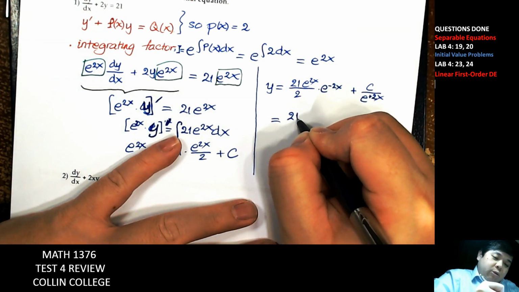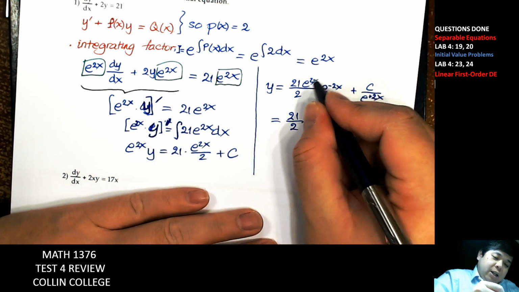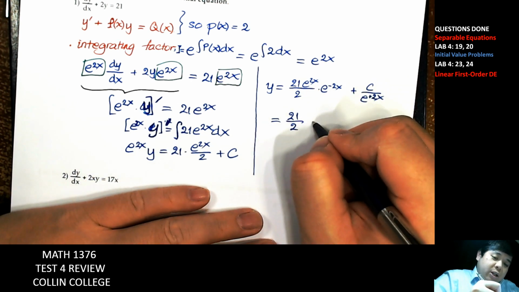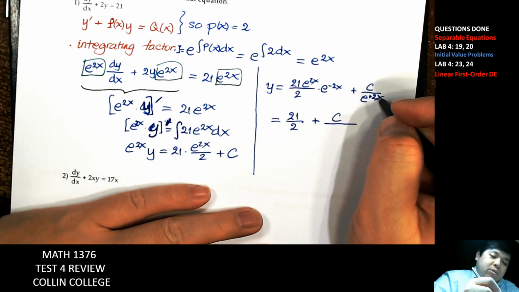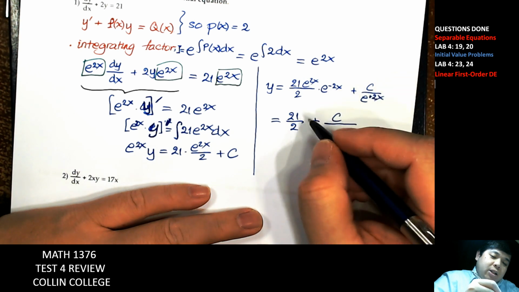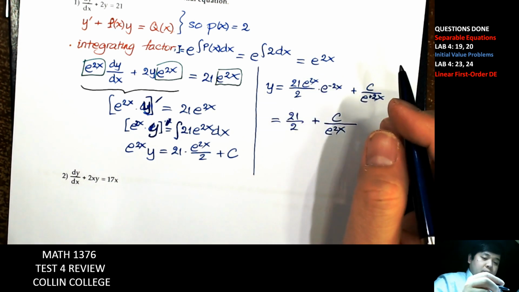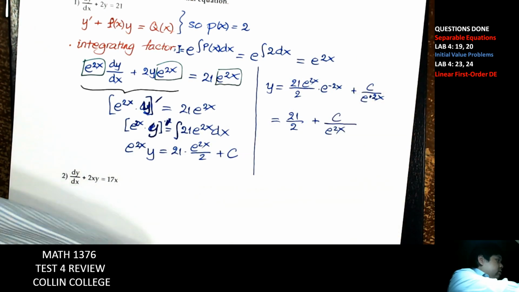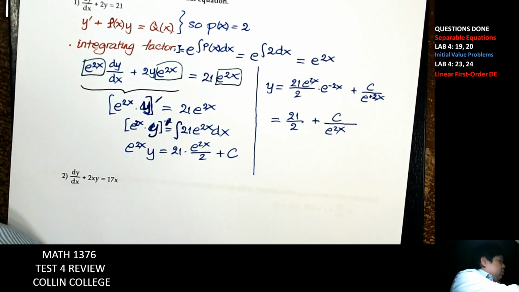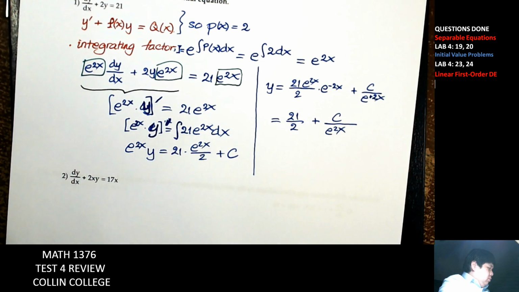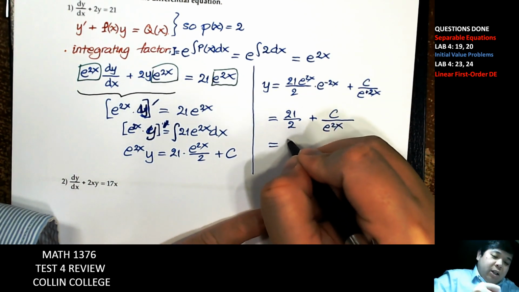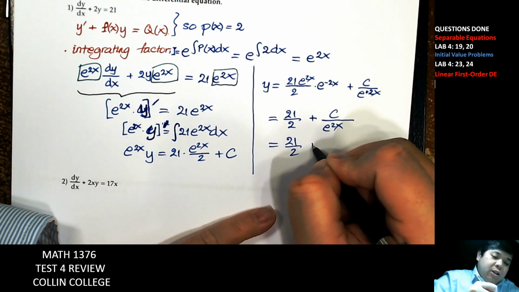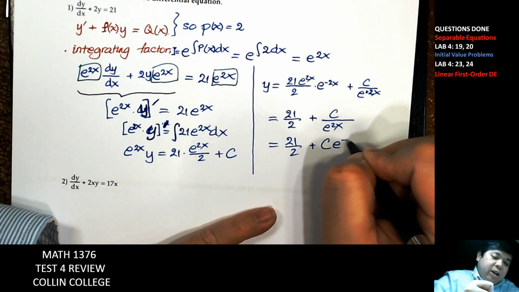So we have 21 over 2, that cancels out and that's just 21 over 2, and then that constant c. We can also move the e to the 2x to the top, and it becomes c e to the negative 2x.